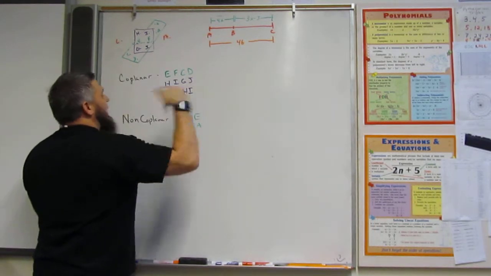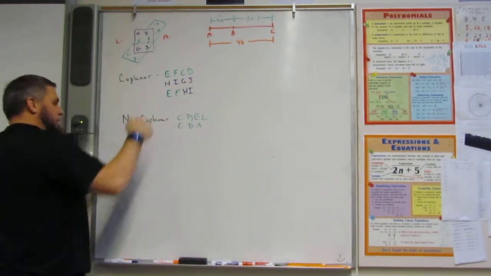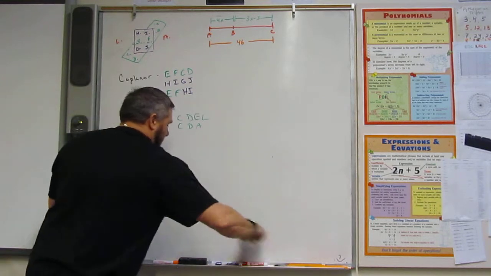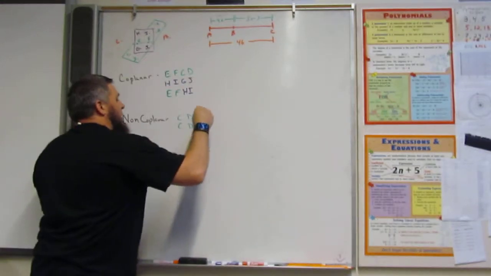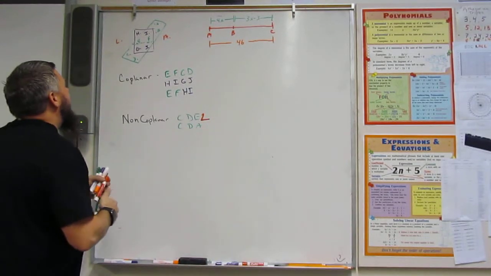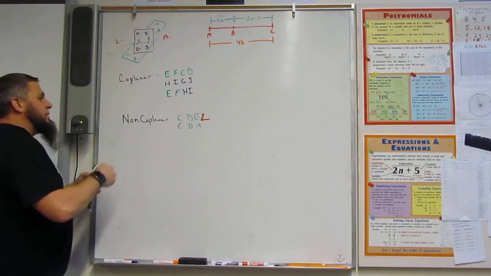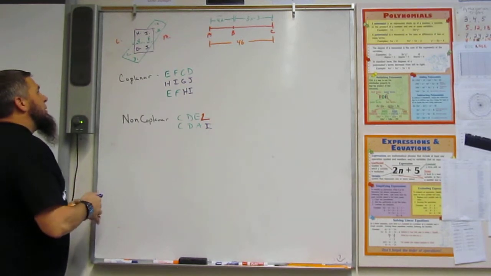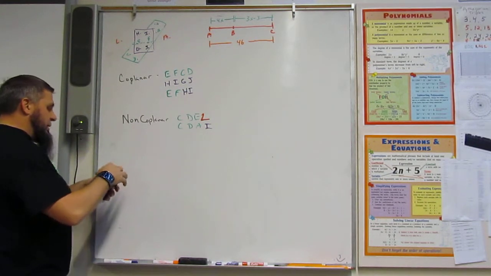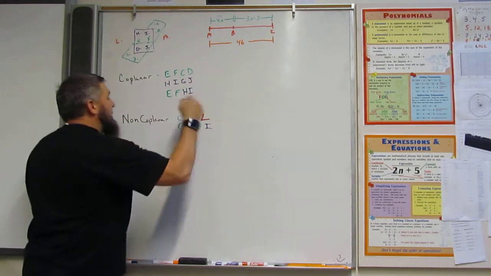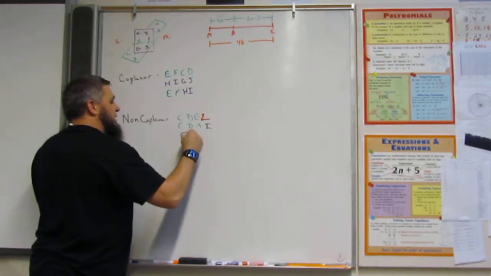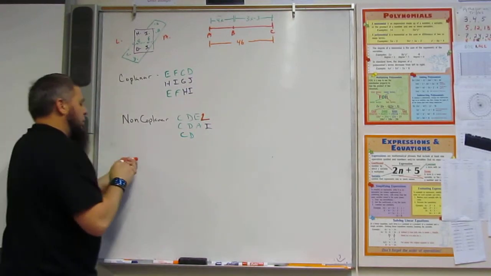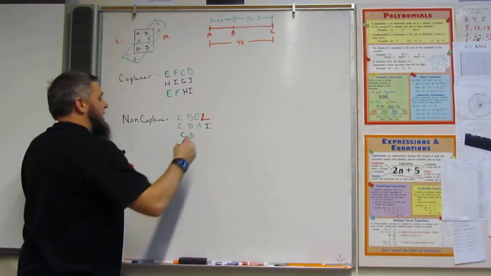E and L, and then the L is the red. Or C, D, A, and I, because I is a different color. Or C, D, G, and J.